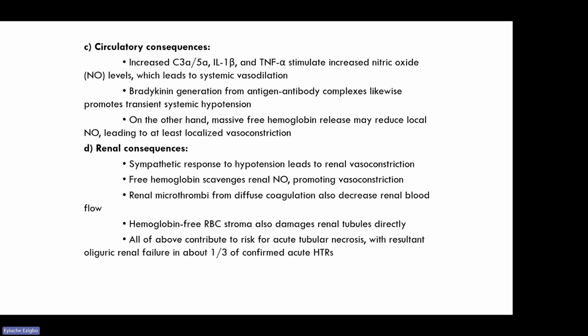The circulatory consequences can lead to systemic vasodilation. The bradykinin generated from the antigen antibody complexes likewise promotes transient systemic hypotension. On the other hand, the massive free hemoglobin released may reduce local NO, leading to at least localized vasoconstriction.